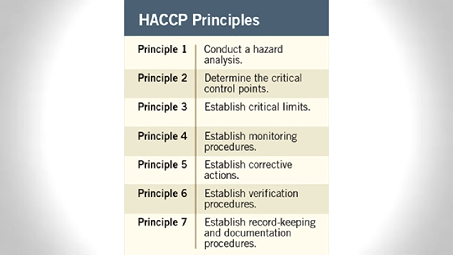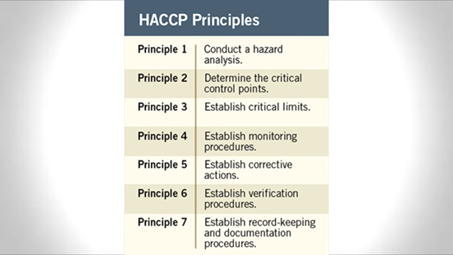In step number 3, you're setting critical limits. In this step, you're assigning a value to each of your critical control points. For example, what are the actual temperatures, times, pH, water activities, etc., that will help you prevent the hazard?